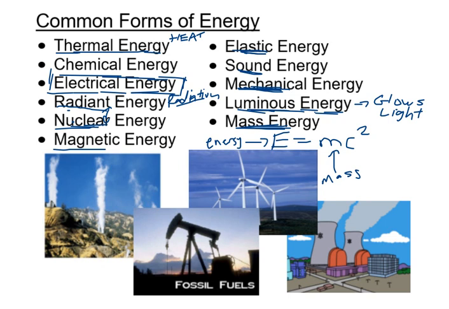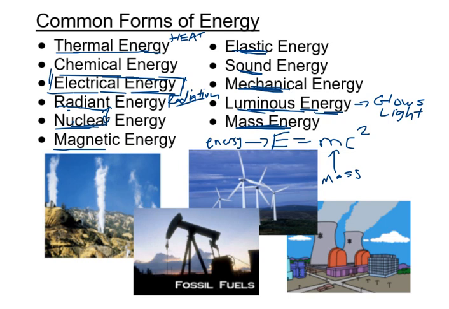So anyways, the point I wanted to make on this slide is that we now know, over about the last 300 years of history, many different forms of energy. Some of them are alike, and some of them are related, but they're all very different. Luminous energy is very different than mechanical energy, which is very different than nuclear energy.